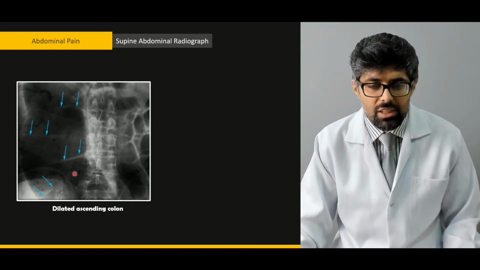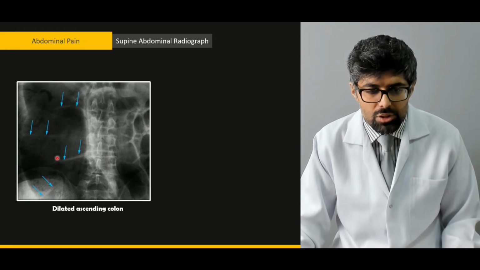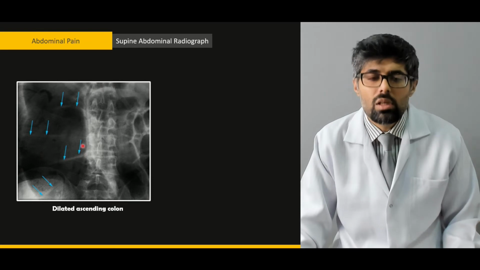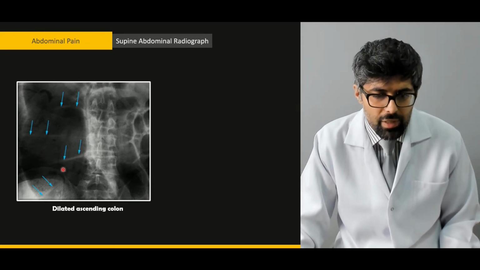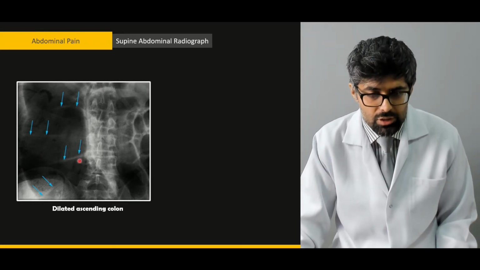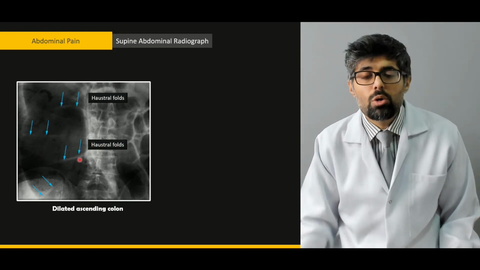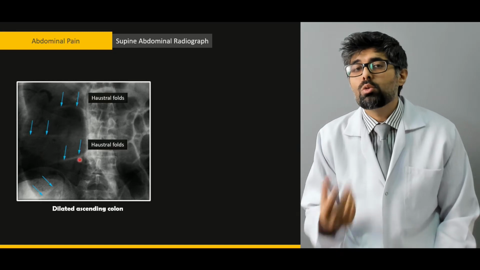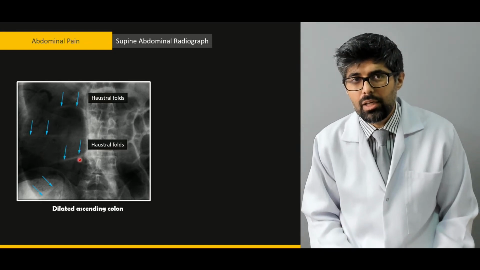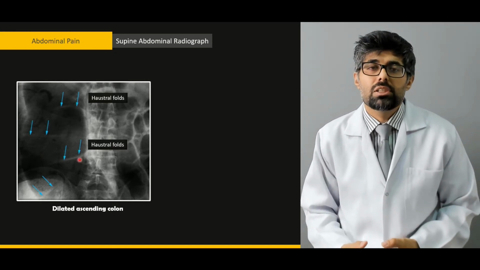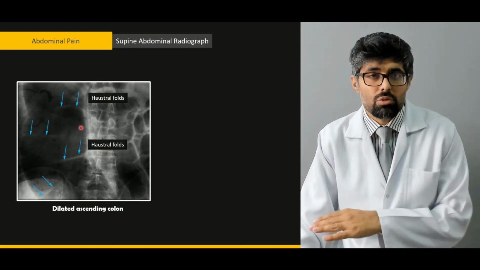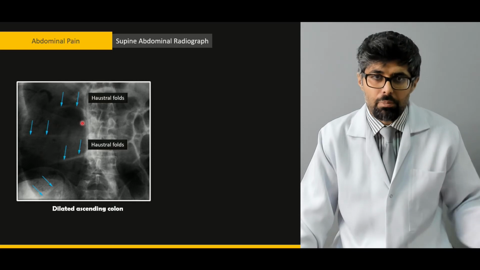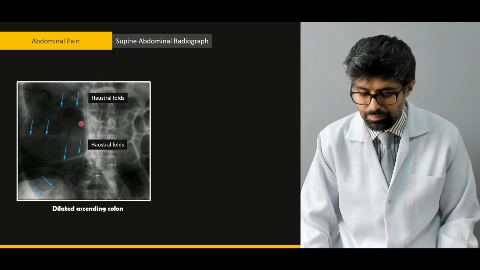You can see that here the folds are small, they do not go all the way, and they are discontinuous. These folds are called haustral folds, and they are specific only to the colon, the large intestine, because in the small intestine these folds run along the length of the lumen, as we witnessed in the previous radiogram.